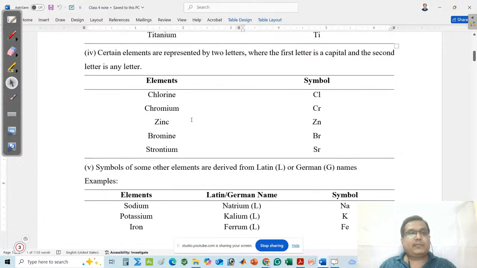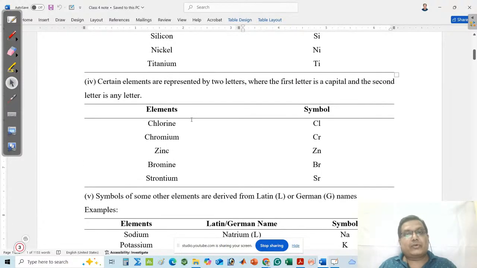Think about other examples. In some cases, two letters are also used for writing the symbol, but the two letters must not be the first two letters. The second letter may be any letter. Look at chlorine. The spelling is C-H-L-O-R-I-N-E.